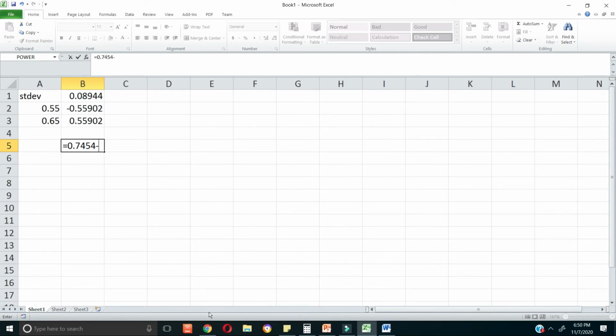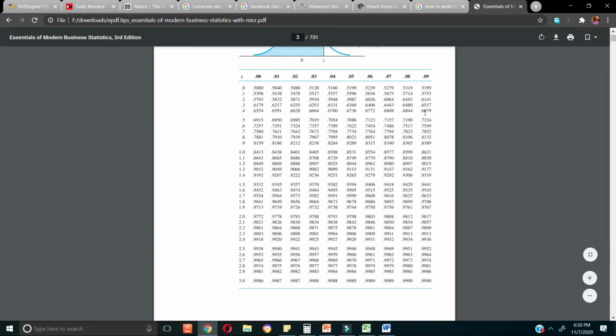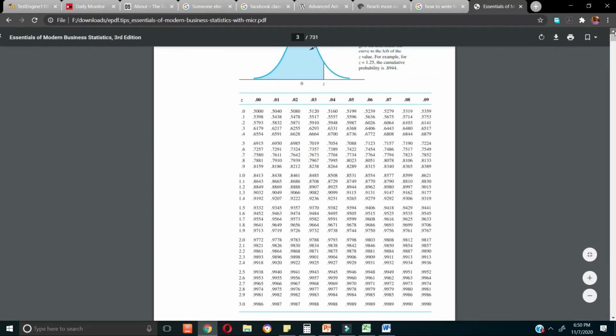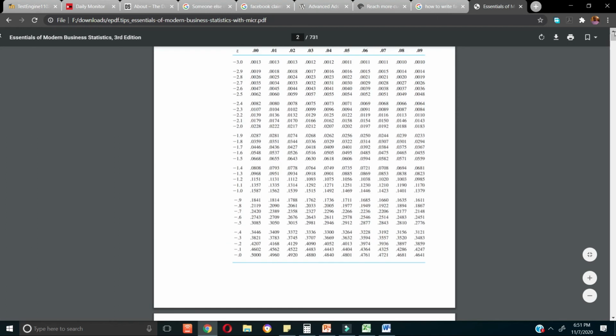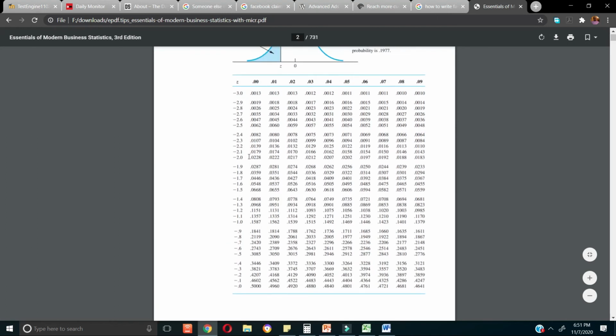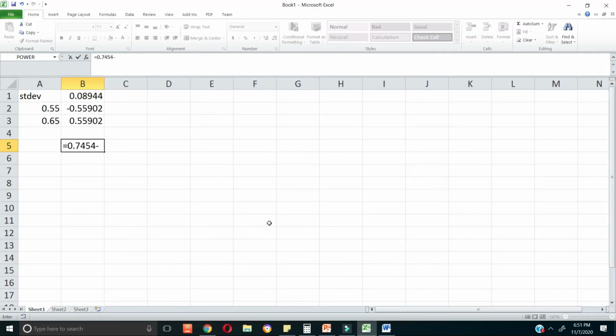Minus, we're going to have 0.56 is over here, 0.2877. So 0.2877.